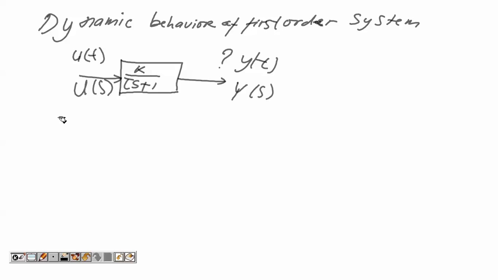The input type may be step, which means that the graph will be like this, a step change in the input with the magnitude M. It means that u(t) is M and u(s) is M over s.